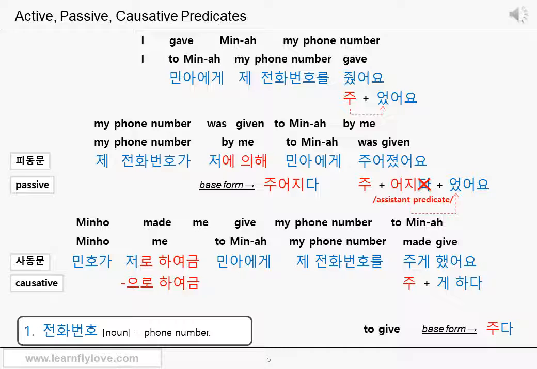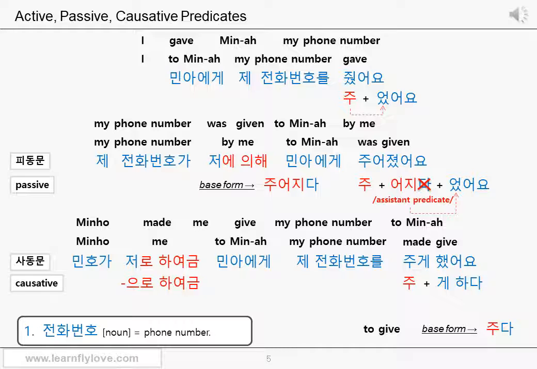Made me give it to Mina. Okay? 민호가 저로 하여금 미나에게 제 전화번호를 주게 했어요. Or 민호가 저로 하여금 미나한테 제 전화번호를 주게 했어요.